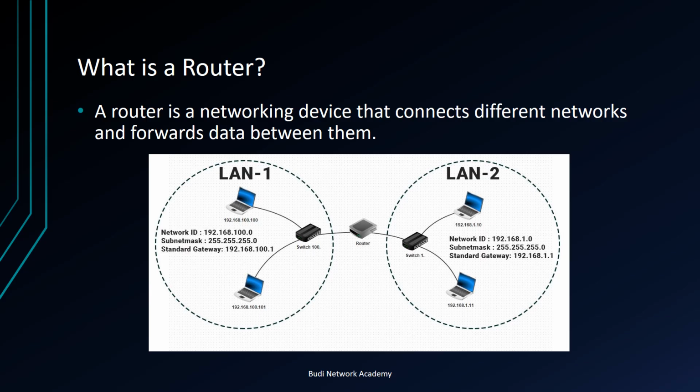The router sits between these networks and decides where the data needs to go. This is one of the main differences between a switch and a router. A switch mainly connects devices within a network, while a router connects different networks.